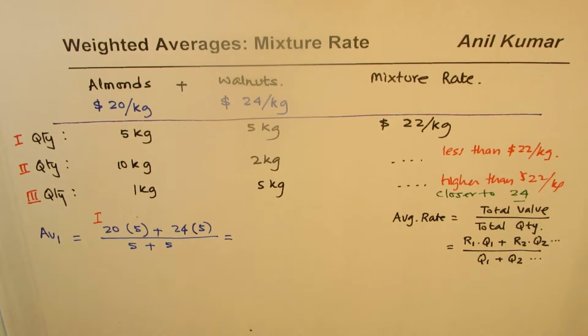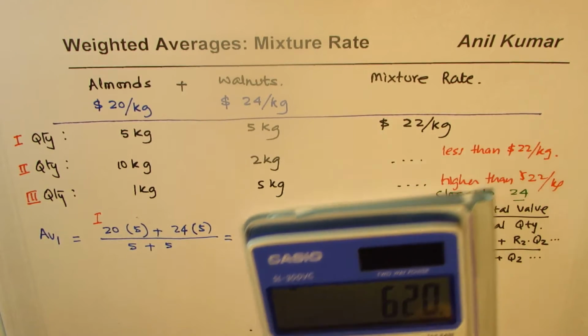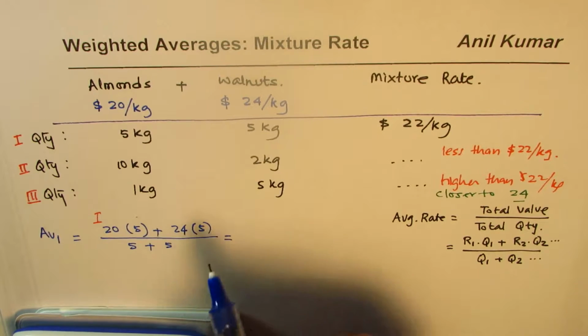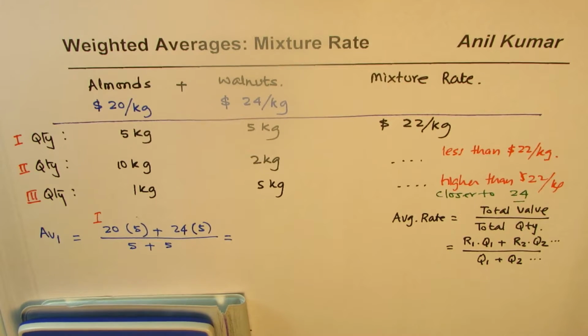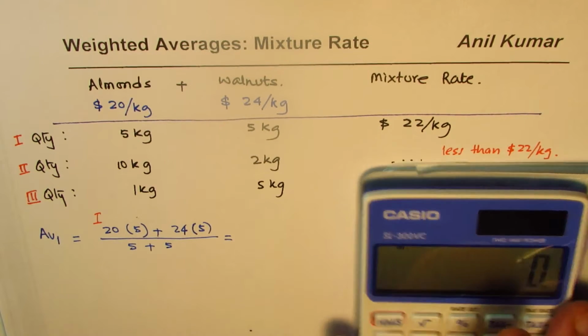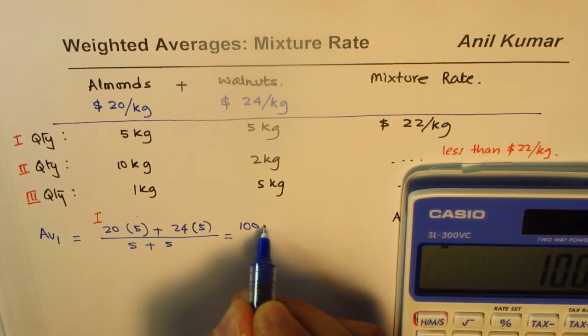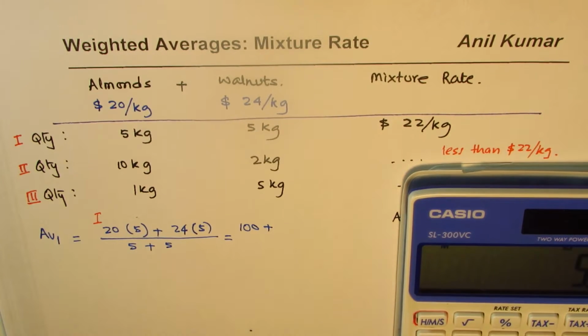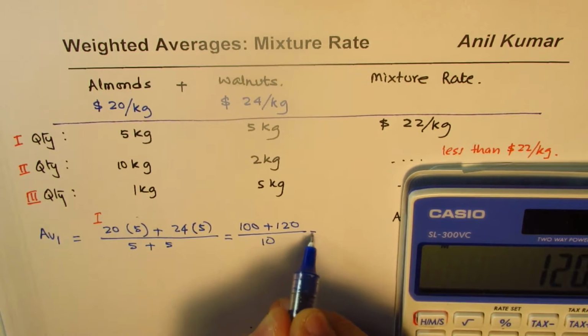So 20 times 5 is 100, plus 24 times 5, which is 120, divided by 10.